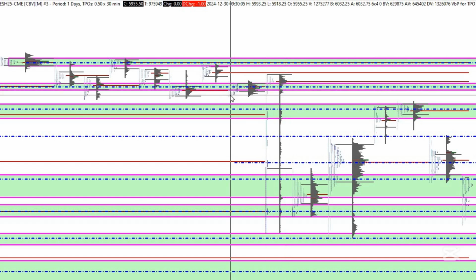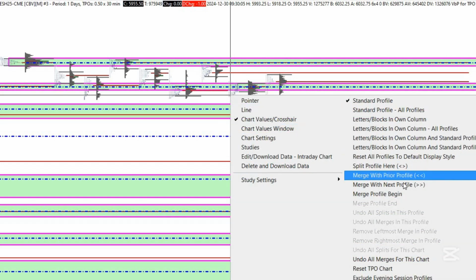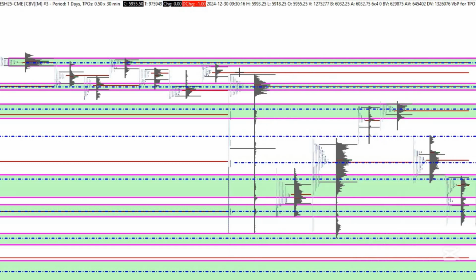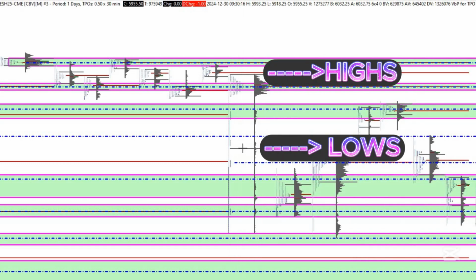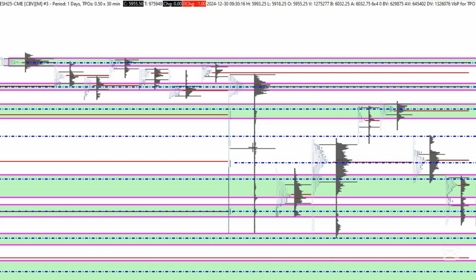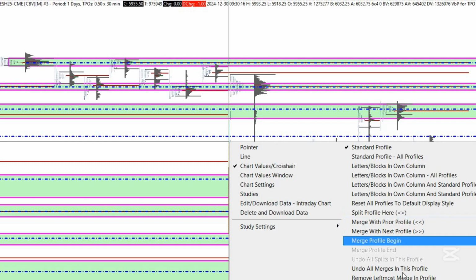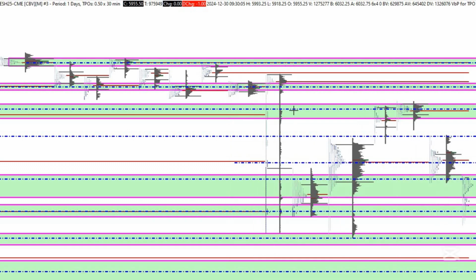If you merge those 2 days like this, you can see that the highs are here and the lows are here, but you cannot trade on them because not many traders traded over here. There's not much time spent or volume in this area, and the most time and volume is around here. So you cannot merge those 2 days because you will not get an actual reading out of this.